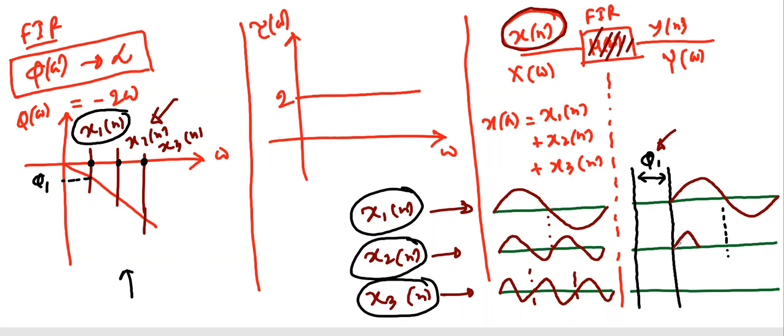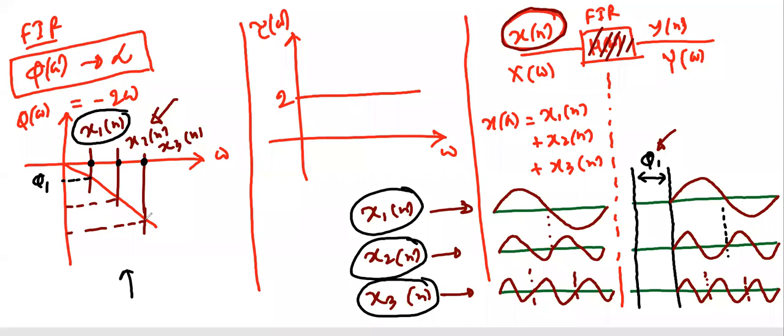I'm drawing x2[n], and x3[n] as well. Now you will probably ask me why they have the same phase delay, even though it has been reported that they have different phase delays in the phase response.